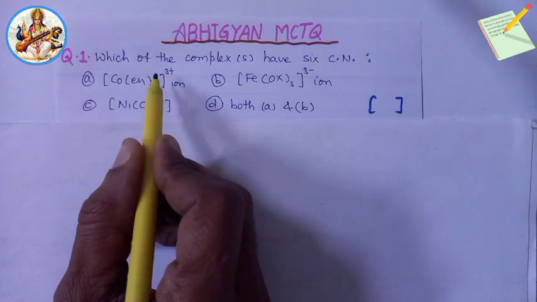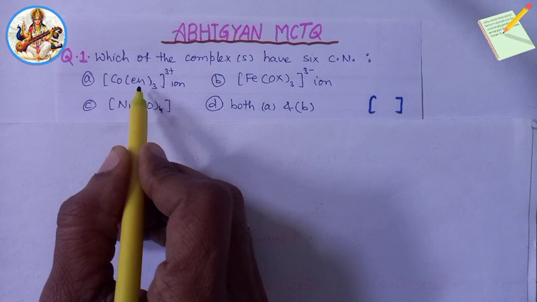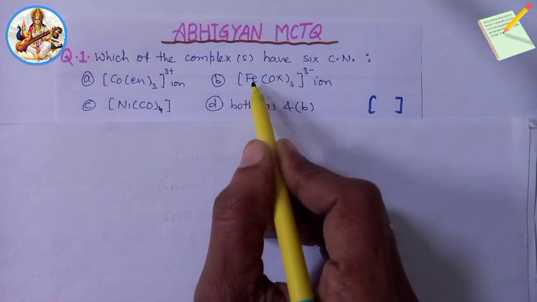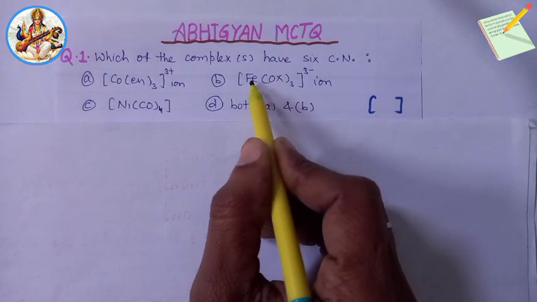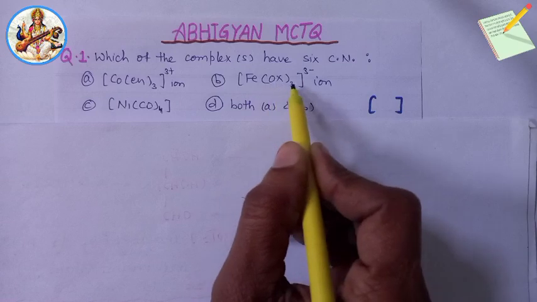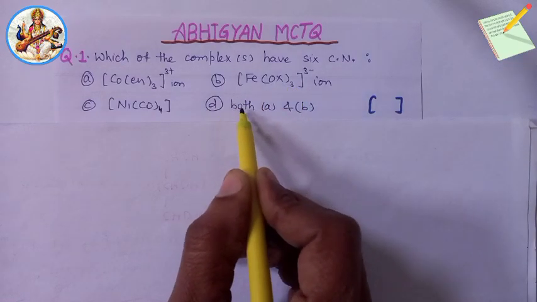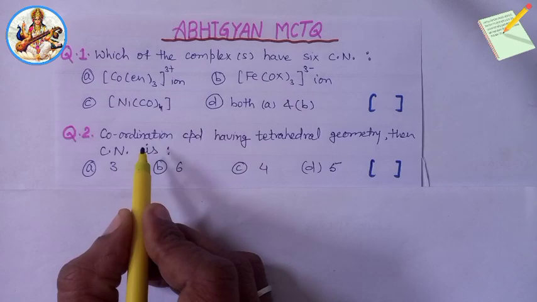We know that en is a bidentate ligand, therefore the coordination number is 6. Similarly, in option B, the coordination number of ferric ion is 6. Therefore, the answer will be option D, both A and B.